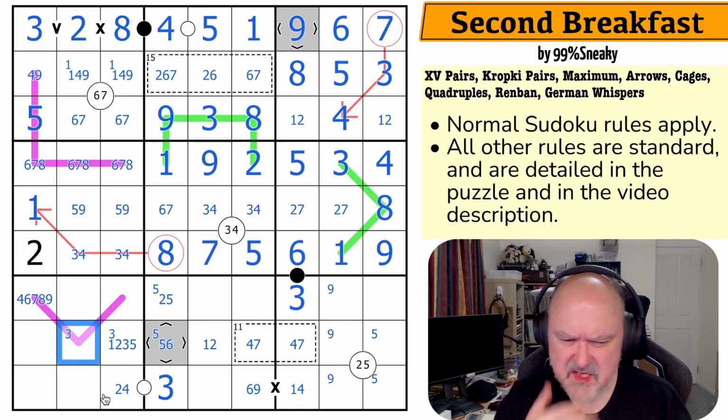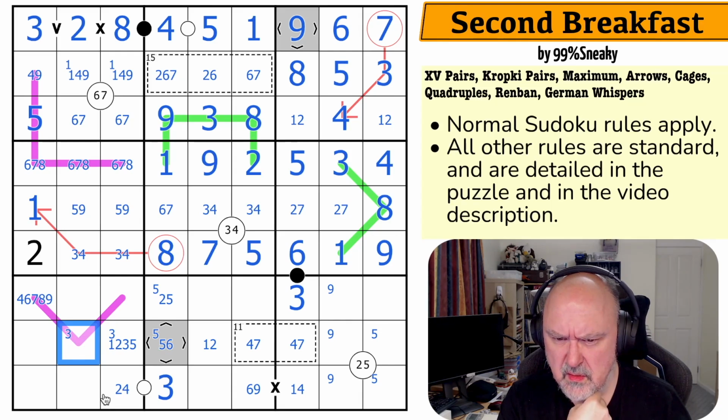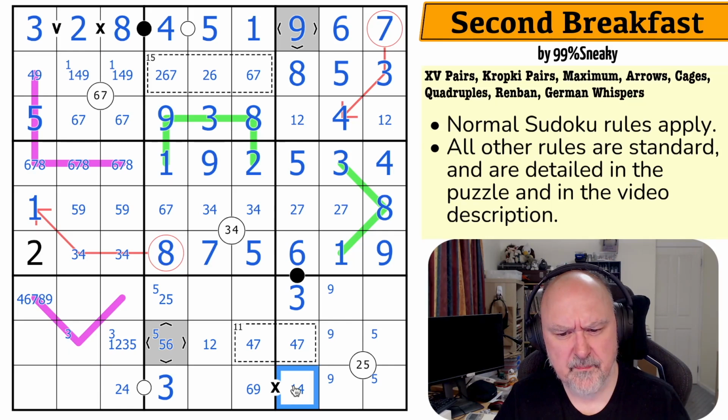Is it what that digit can be? If this is a 4, oh no, that's not it. 4 makes that 7, that 6, and that 7. 2, 4, 3.